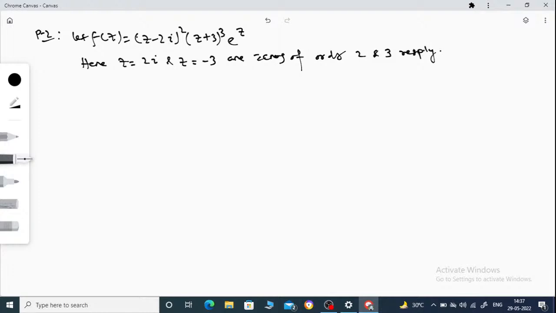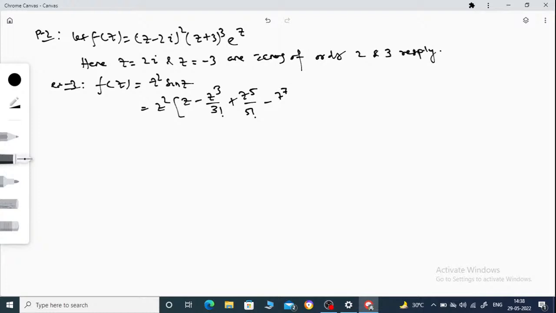Similarly, example 3. Let my f of z be z square into sin z. If I expand this, it is z square into the expansion of sin z, which is z minus z cube by 3 factorial plus z to the power 5 by 5 factorial minus z to the power 7 by 7 factorial plus and so on.